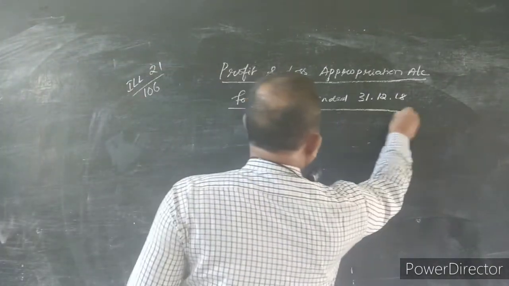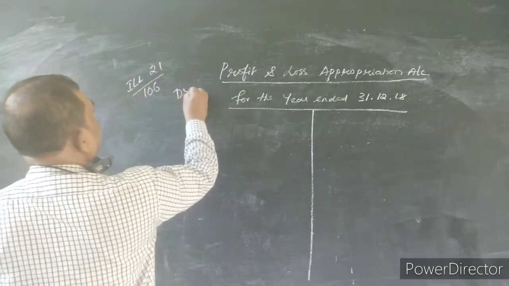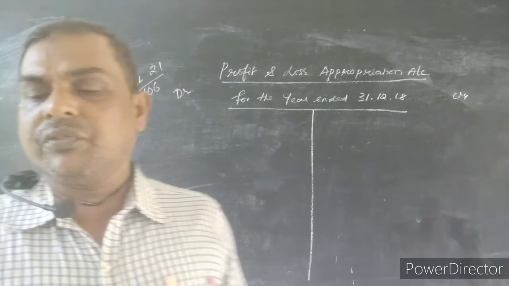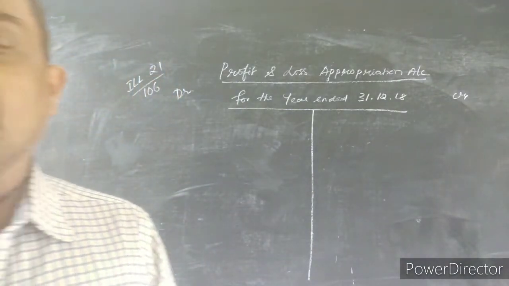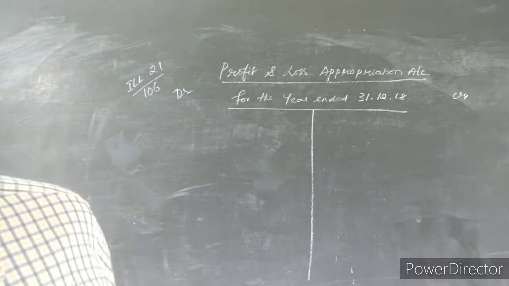Okay, so this is a ledger: debit side Dr, credit side Cr. I already told you the format of the profit and loss appropriation account.